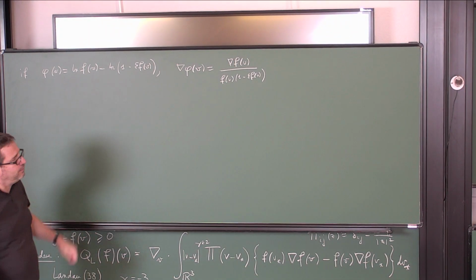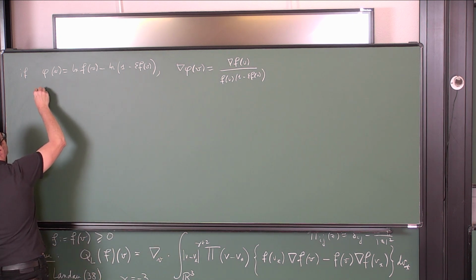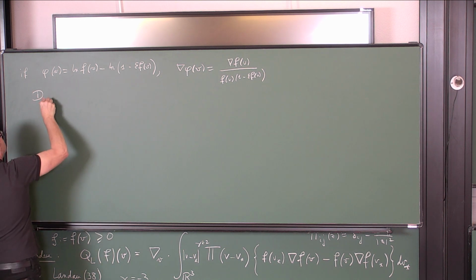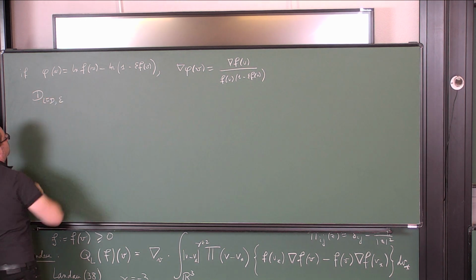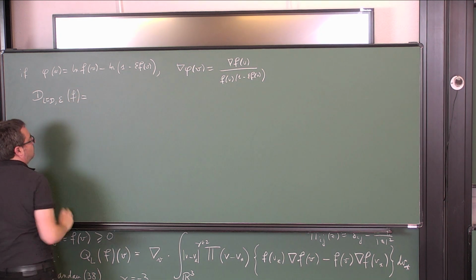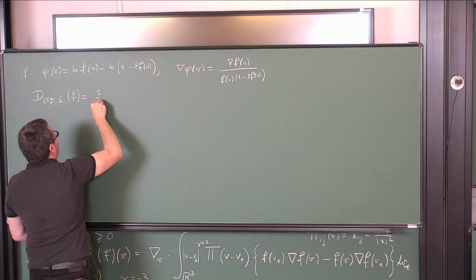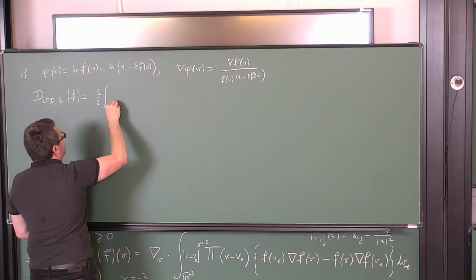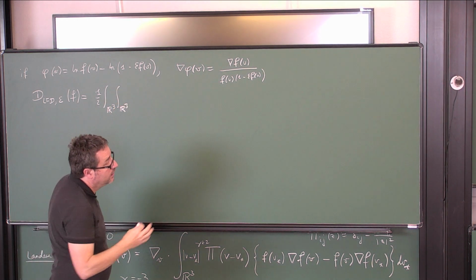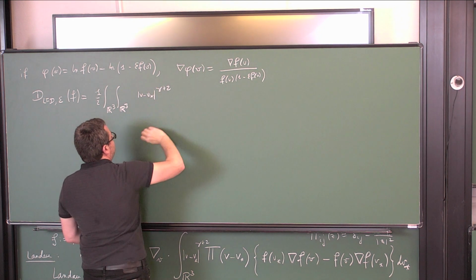So if you do that, you see that the quantity, which is called, so D is for dissipation, let's say, of F, which is given by 1/2 of the double integral of, so as you can see, you have V minus V star to the gamma plus 2.